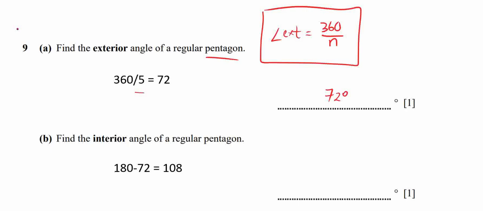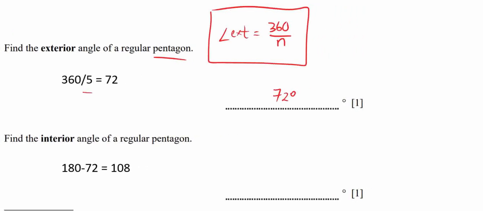Between the exterior and interior angle, they will form a straight line. Now if this is the interior angle and this is the exterior angle, which is 72, then the interior is this angle.